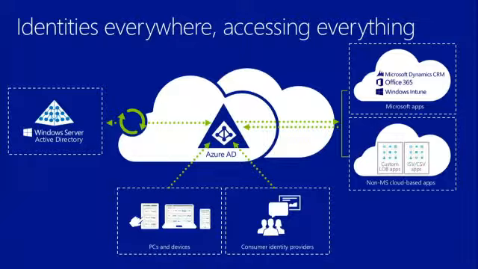Basically, we have a couple ways of doing that integration that I'll talk about shortly. Basically, we can use synchronization technologies to synchronize passwords up to Azure Active Directory, so my passwords are the same from on-premises AD to Azure. Or we can use something called ADFS, Active Directory Federation Services, that a lot of our partners are already familiar with. I'll dive deep into both shortly.